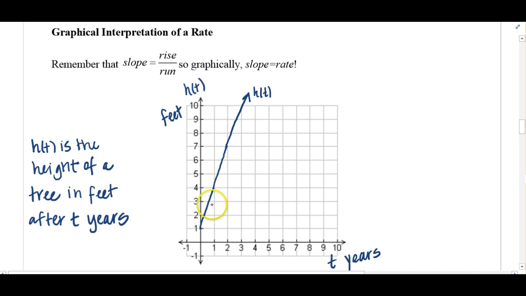So this function, it's not perfectly straight, but we're going to use our imagination and say this function is linear. And the input variable has to be t for years. And the output variable is going to be feet for the height of the tree. So h of t is on the vertical axis, t is on the horizontal axis. We're not talking x's and y's because we're talking about a specific example.